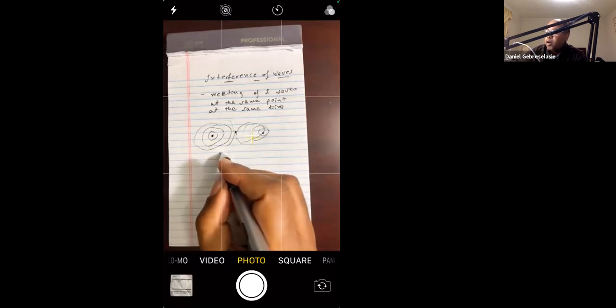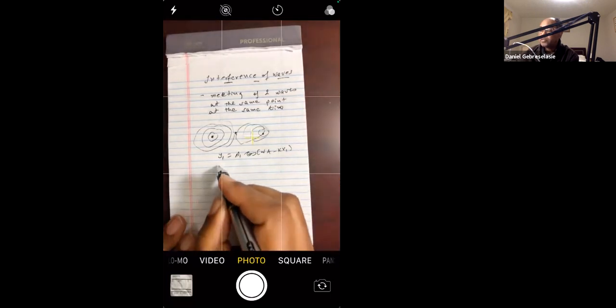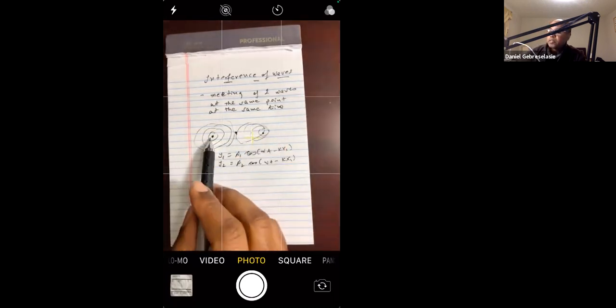So let's say y1 is a1 cosine omega t minus kx1, if you're dealing with harmonic waves. And let's say y2 is a2 cosine of omega t minus kx2, okay? So the net effect on this molecule is going to be the sum of the effect of both waves.